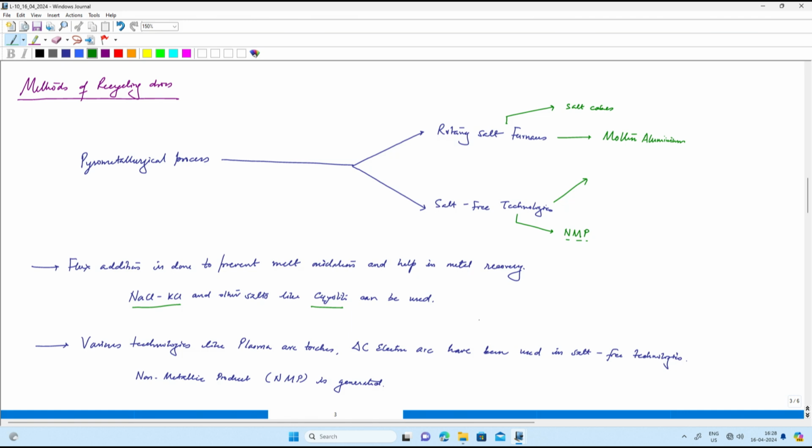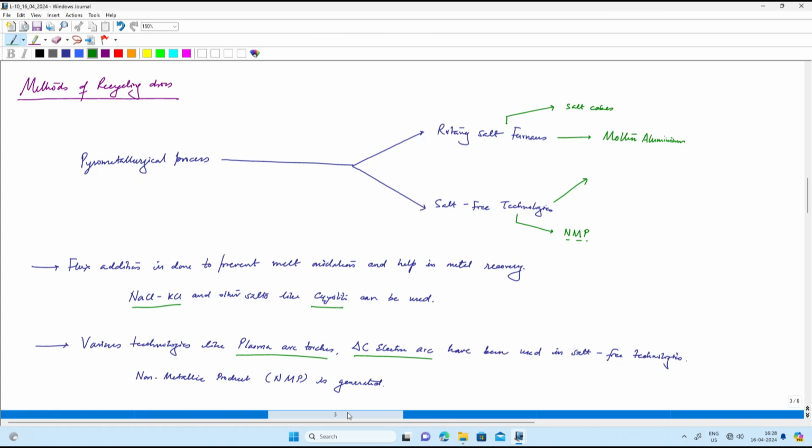When we look at salt-free technologies, it basically employs newer strategies like plasma arc torches and DC electric arcs, which are being used for melting dross and then recovering the molten aluminium without using the salt fluxes.